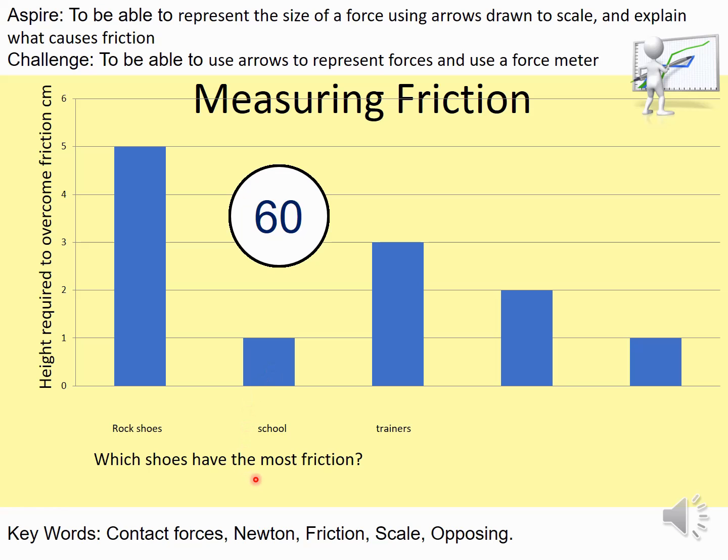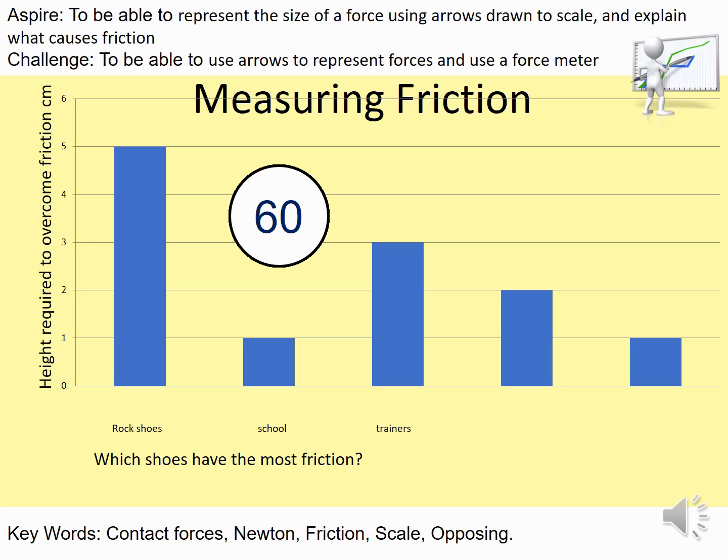Now, I'd like you to do a little bit of writing underneath the table where you have got some results now from your own shoes. I'd like you to just spend 60 seconds and do a little bit of conclusion work. What have you found? Which shoes have got the most friction?